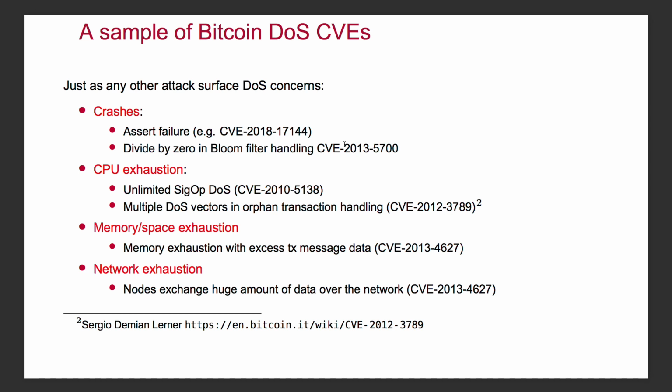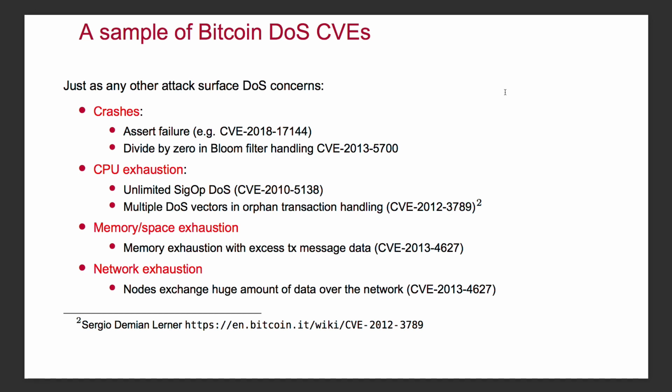There were problems with orphan transaction handling, since processing blocks and transactions is kind of involved. So it's likely that DoS vectors will happen while transactions and blocks are being processed. There's also memory and space exhaustion.